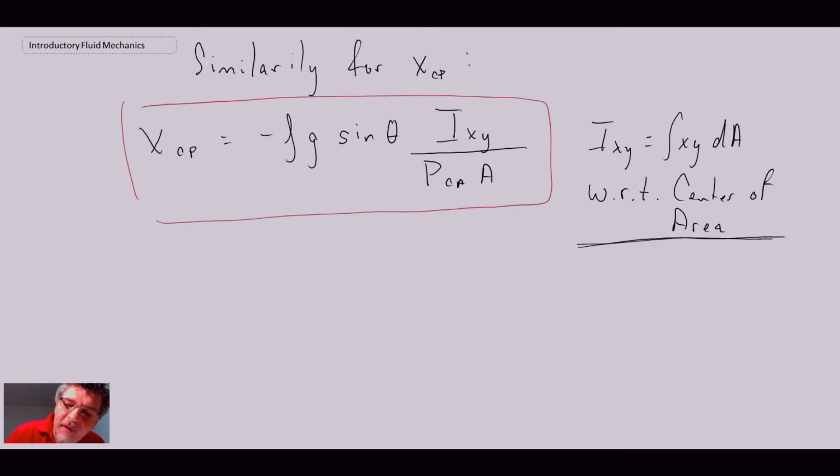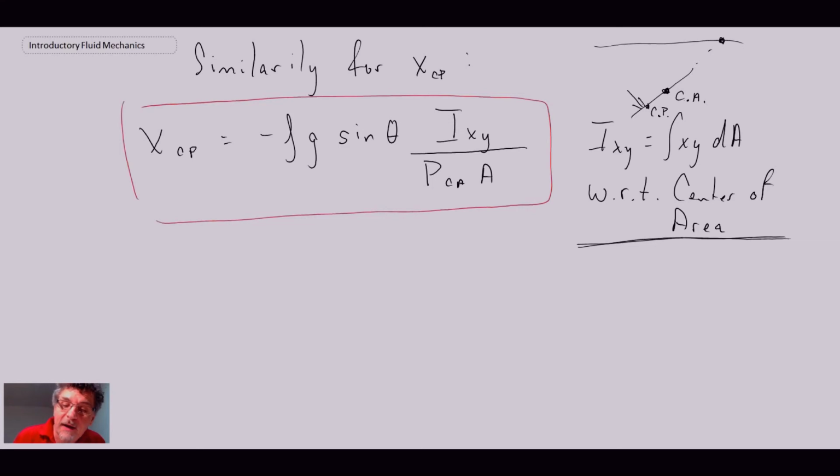So be careful, some books will not necessarily reference it with respect to the center of area. Sometimes they reference it to the free surface. So if this is your free surface and your plate is down here, sometimes they put their origin up here, which would be quite a bit different from what we're looking at here. But anyways, that's just something to be aware of. In this case, all of the derivation was with respect to the center of area, and we've just determined where the resultant force acts, and that is the center of pressure.